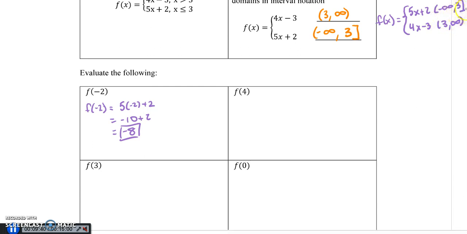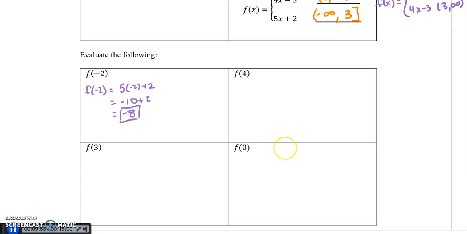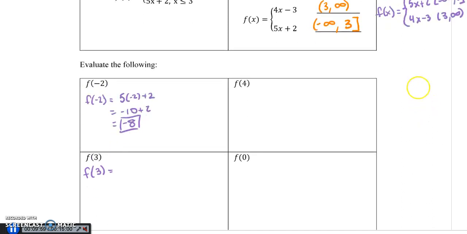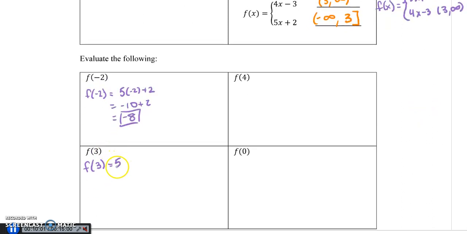But remember that the bracket means it is less than or equal to, where the parenthesis means it can never be 3 in this bottom one. It can get as close as possible to 3, but can never be 3. So we would end up plugging 3 into the top equation as well, which is 5 times 3 plus 2.